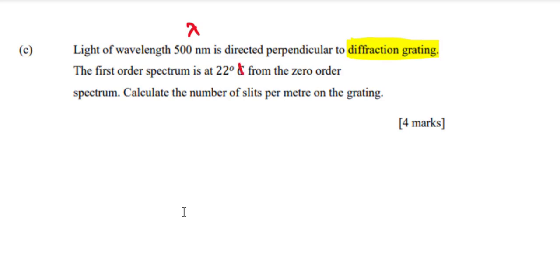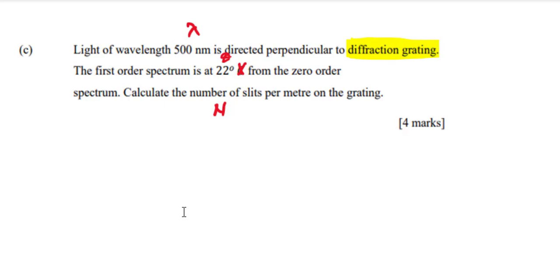So this is the theta, right? From the zero order spectrum, calculate the number of slits per meter on the grating. So we are to determine the number N, right?